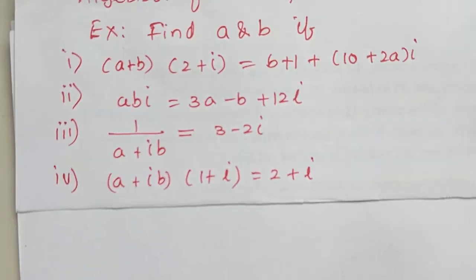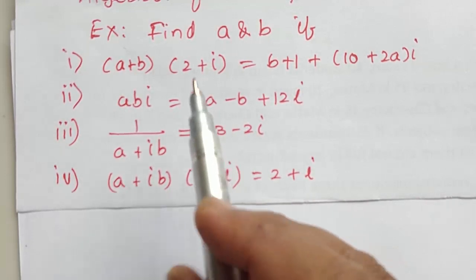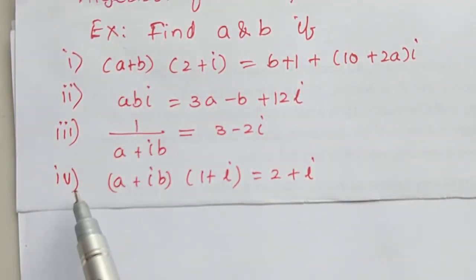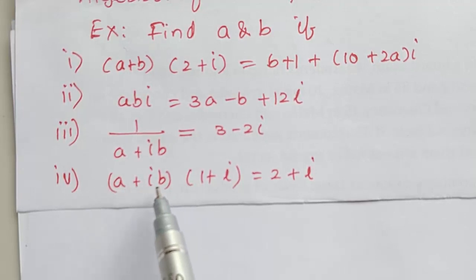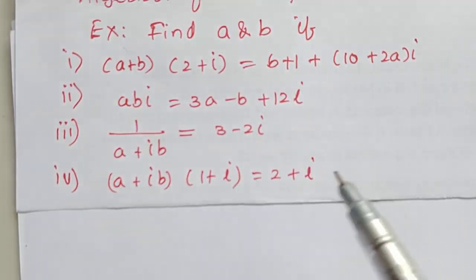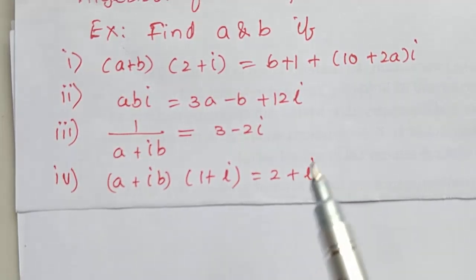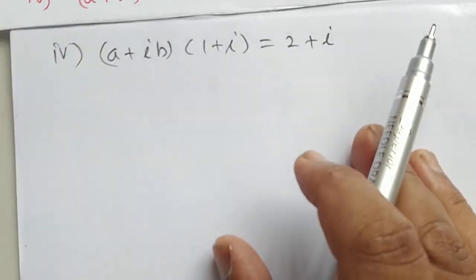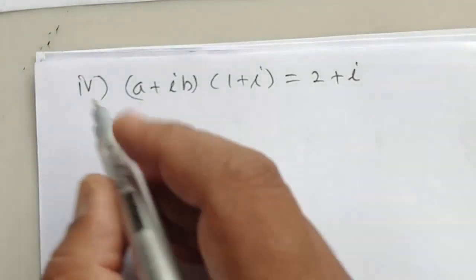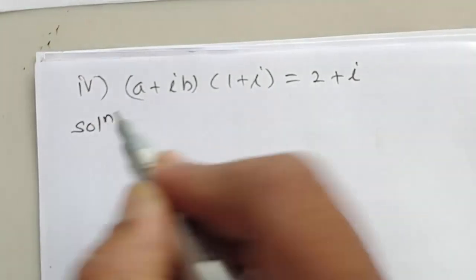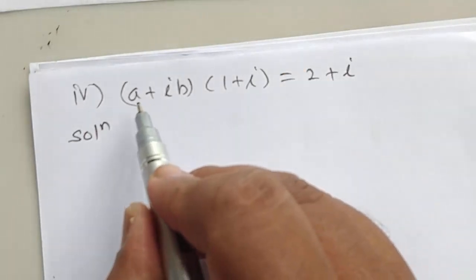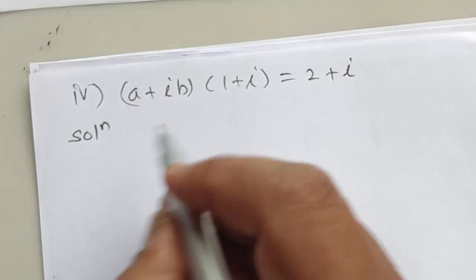We shall see the last example of this exercise. Number 4, (a plus ib) into bracket (1 plus i) is equal to 2 plus i. Solution: we multiply this bracket to each term of this bracket.